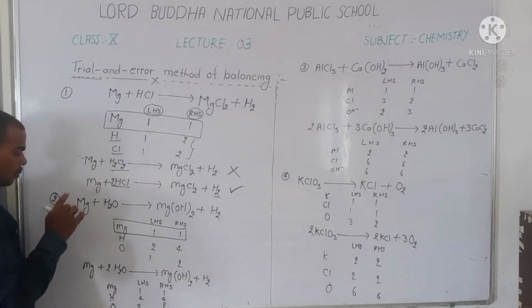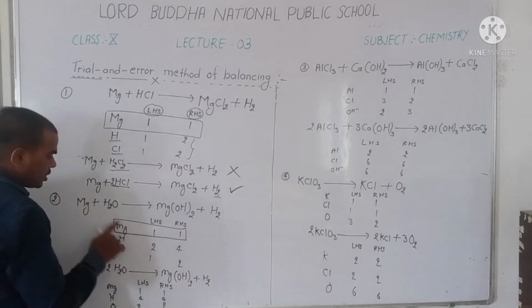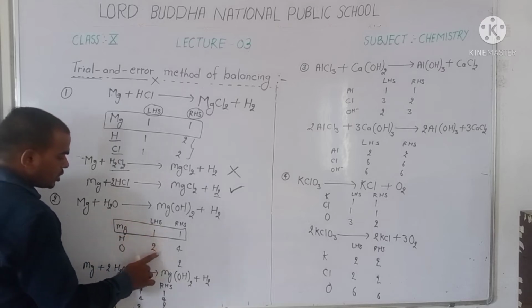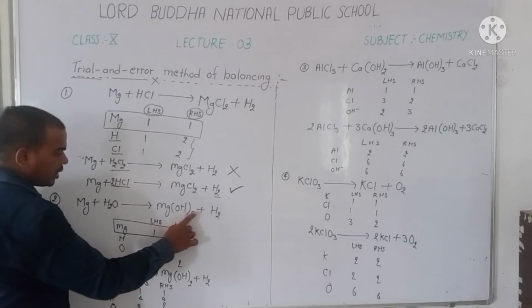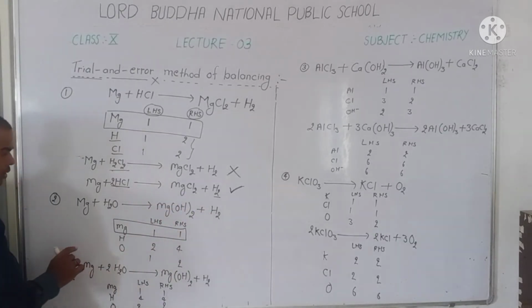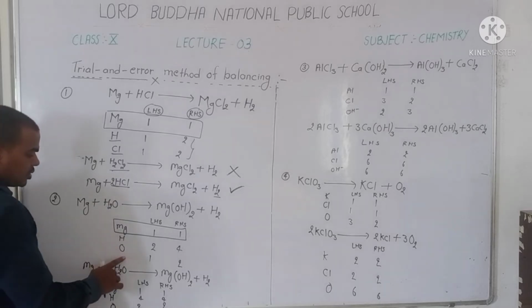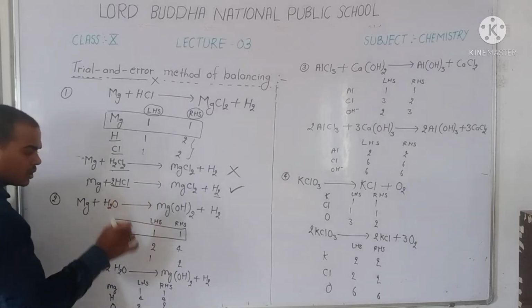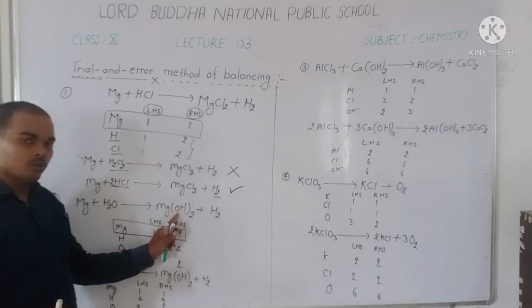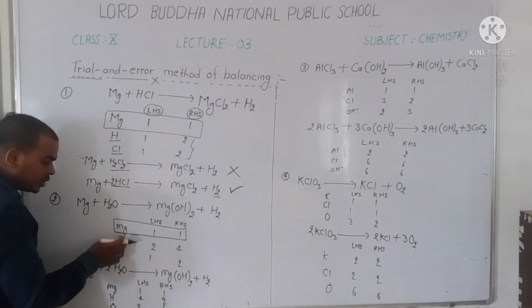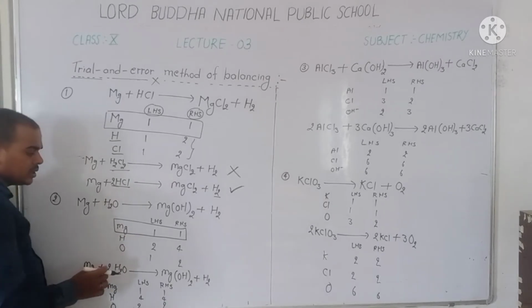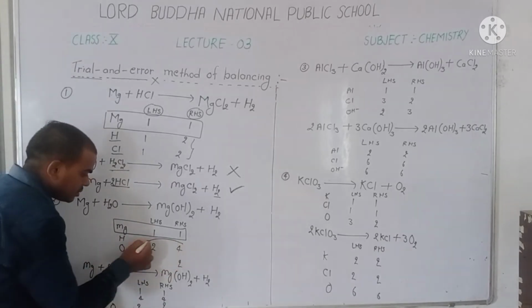But the number of hydrogen atoms on the left is 2, and on the right it is 4, 2 here and 2 here. The number of oxygen on the left is 1 and on the right is 2. That means hydrogen and oxygen are not balanced in this equation.